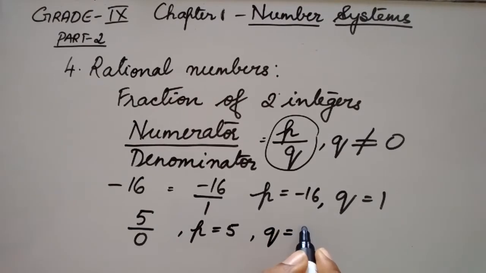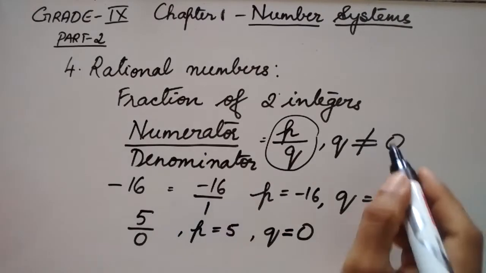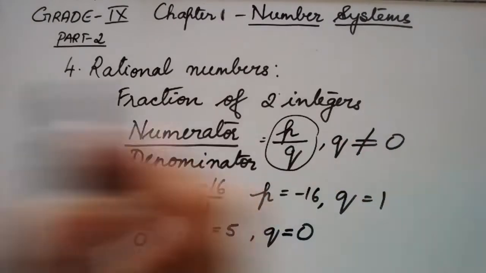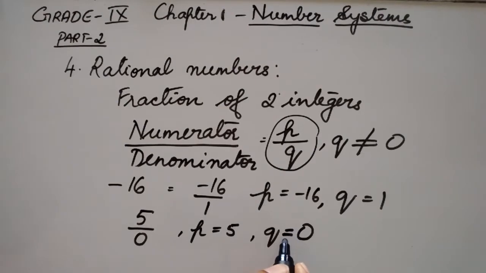It is equal to 0, isn't it? So it is not a rational number. Why is it not a rational number? Because here Q is equal to 0. For a rational number, Q should not be equal to 0. Since here Q is equal to 0, 5 by 0 is not a rational number. Is this clear, students? Okay.